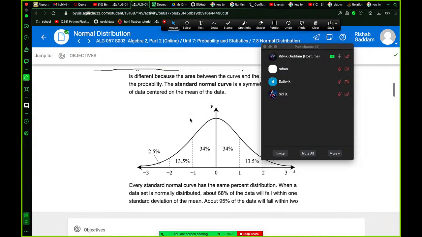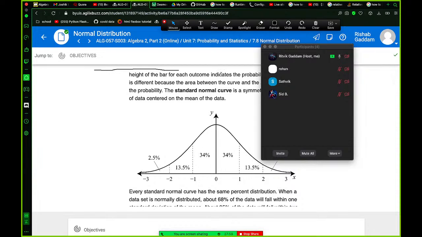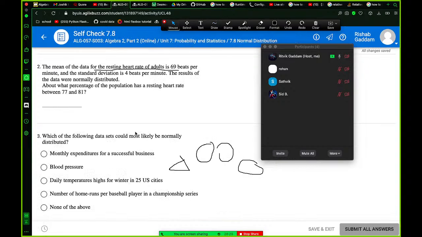If you look at the graph over here, it says that 34% of the population is in this part, and 13.5% is in this part. Over here and over here, there's 34%. So that's what it's asking for: how much of the population is probably going to be there.